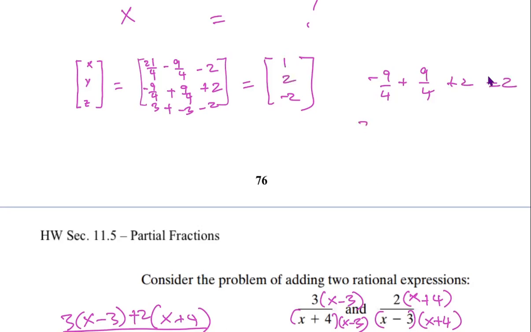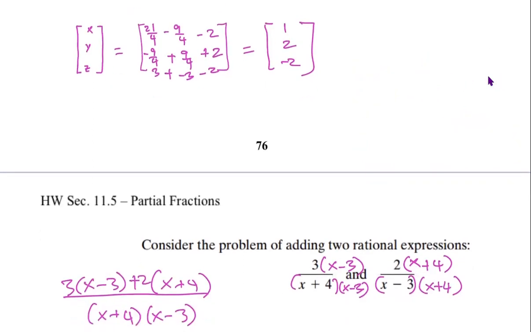And last, 3 minus 3 is 0, minus 2, so that's negative 2. So if x, y, z equals 1, 2, negative 2, your solution set is 1, 2, negative 2.